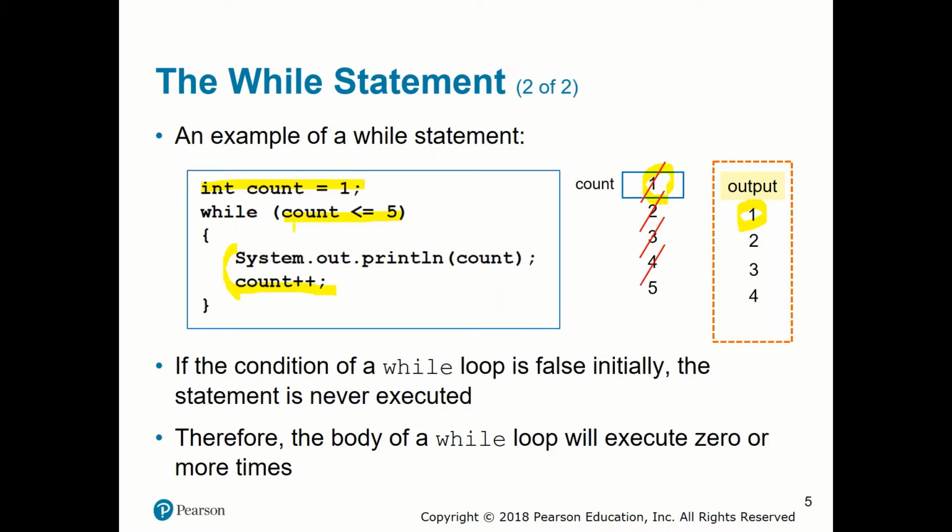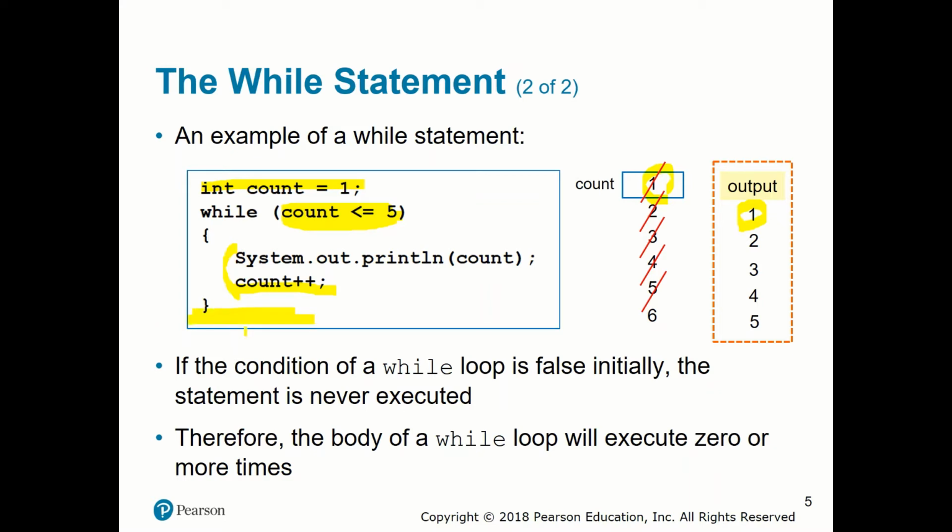And then still count is less than or equal to 5, so 5 is printed out, and then count becomes 6. See here, now this condition does not hold. Since count is 6, the while loop is done. So the next control will go here.